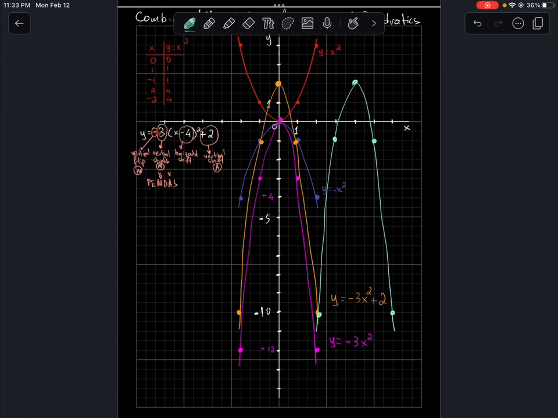Now what I have done now is the green graph, and I started from the orange one that has this as an equation, and what I did, I moved to the right 4 steps. So the equation that describes the green graph is this one. Y is equal to whatever you have on the orange, but instead of x, since I moved to the right, it's going to be x minus 4, and the rest is the same, so it's plus 2.